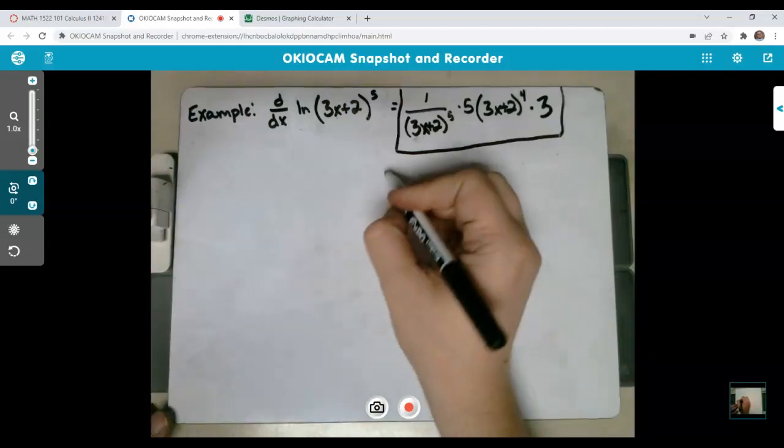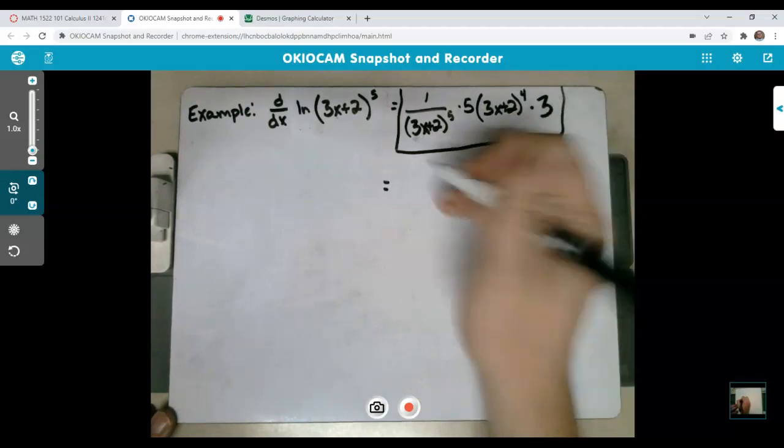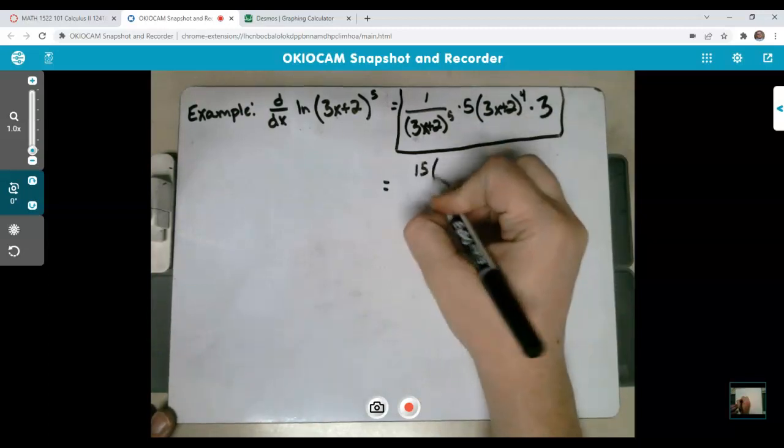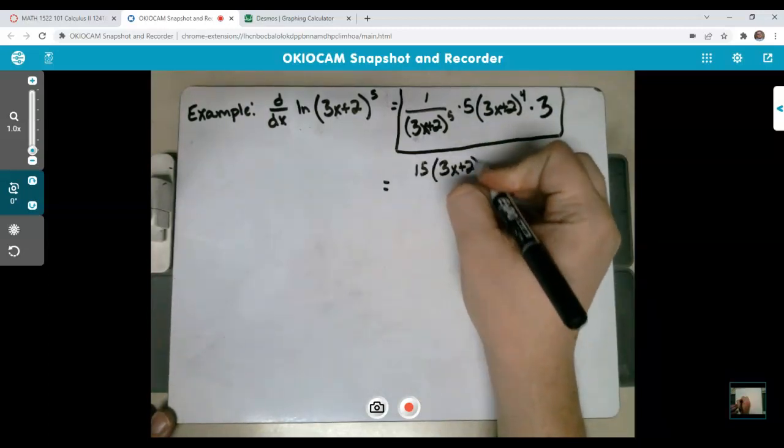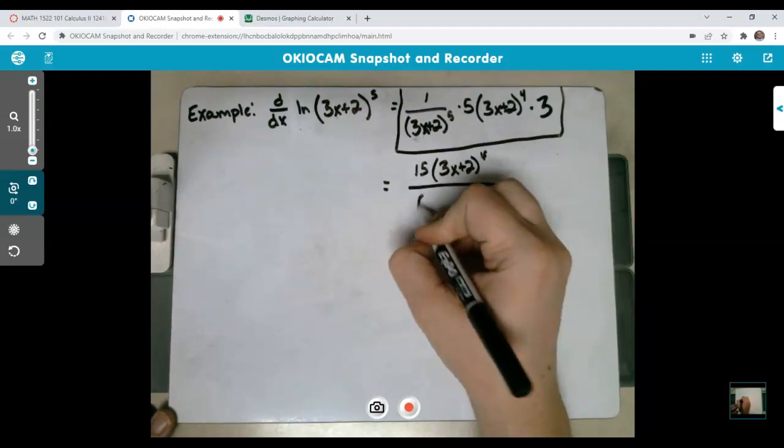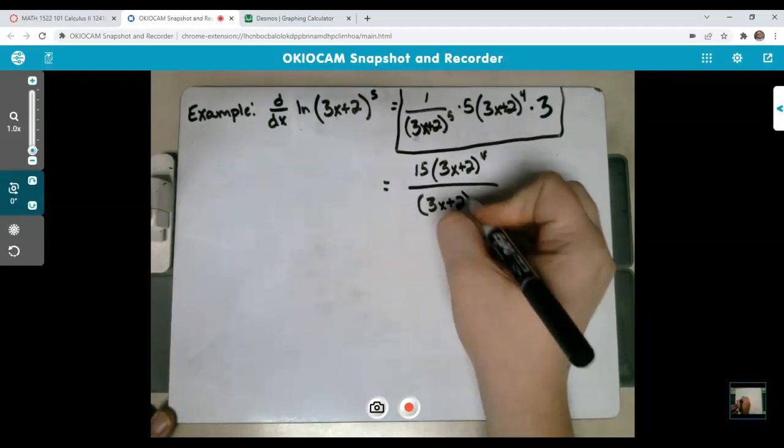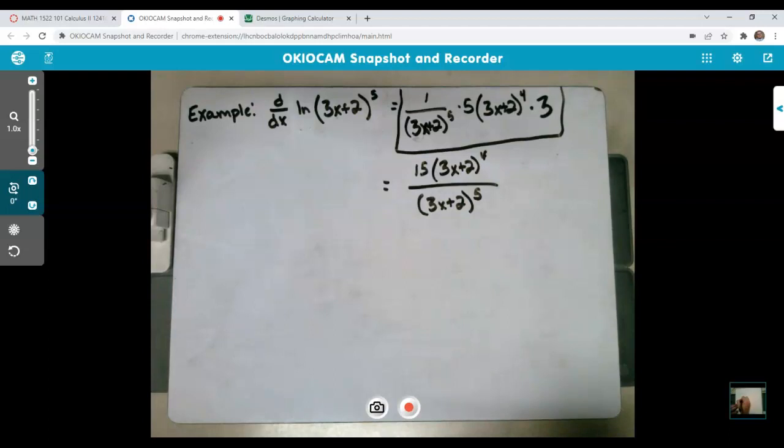Or if you want to, you can rewrite this. 5 times 3 is equal to 15. And I would have 3x plus 2 to the 4th on top over 3x plus 2 to the 5th on the bottom. If you notice, I have 4 of them up here, 5 of them here, so I can cancel 4 of them out. And I'm left with just 15 over 3x plus 2. And that'll work.